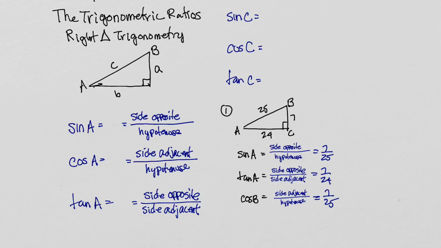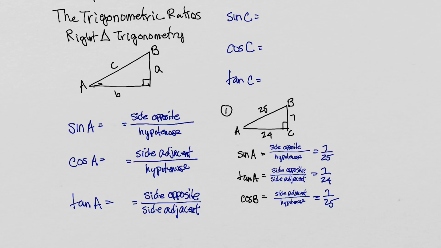So we're going to define what we mean by the sine of angle A. It's a function that we're going to place on angle A. We're going to put angle A in, compute, and get something back out. So what do we mean by the sine of A? It's defined to be the length of the side opposite divided by the length of the hypotenuse. So let's write that in terms of our a, b, and c.